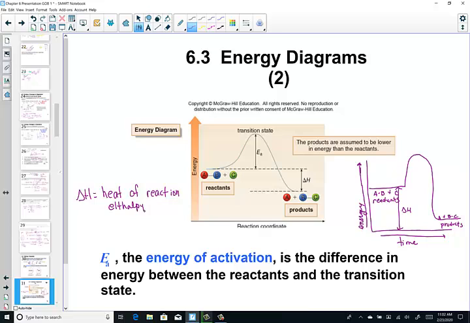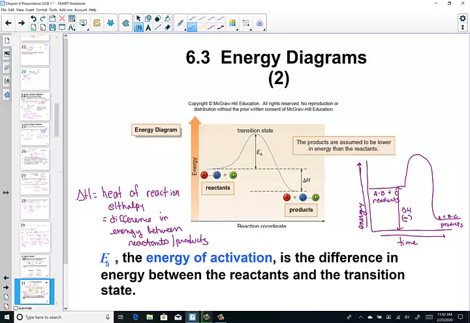The enthalpy is the difference in energy between reactants and products. There, I wanted to write that down. So the reactants to products. So the delta H in this reaction would be exothermic. We'll know it because the reactants are of higher energy than the products, so heat releasing.